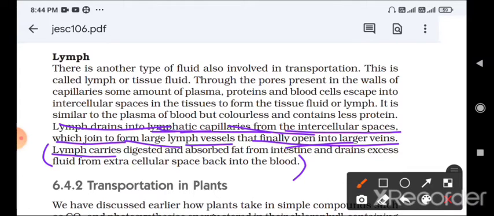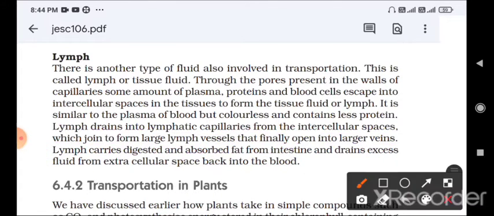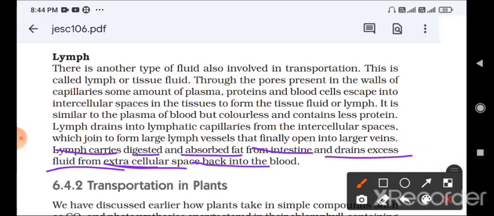You can write: lymph carries digested and absorbed fat from the intestine and drains excess fluid from the extracellular space back into the blood. It mainly carries digested and absorbed fat from the intestine, and it drains the extra fluid from the extracellular space and sends it back into the blood. This is the function of lymph.